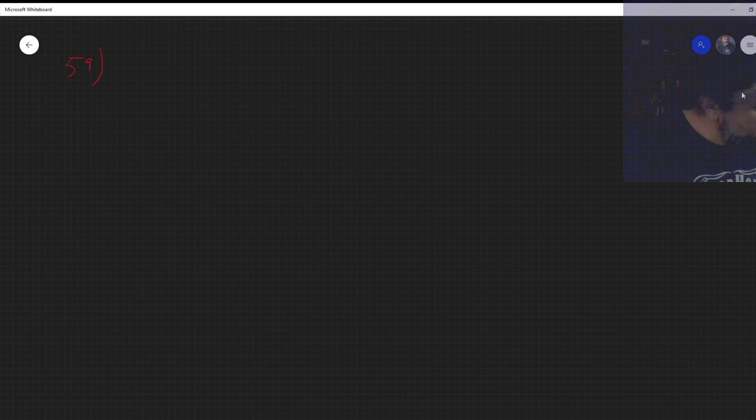59. Find the ratio of Earth's gravitational force on a satellite when it is on the ground to the gravitational force exerted when the satellite is orbiting at an altitude of 320 kilometers. Okay, interesting. So, here's the Earth, and the satellite is just sitting on the ground first.